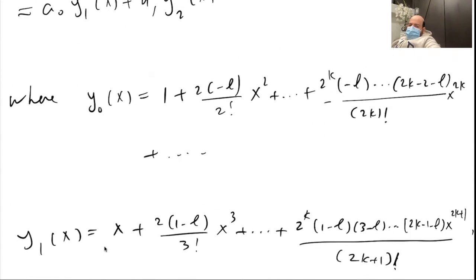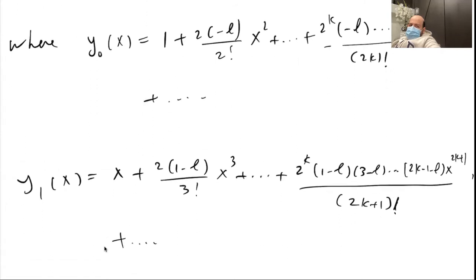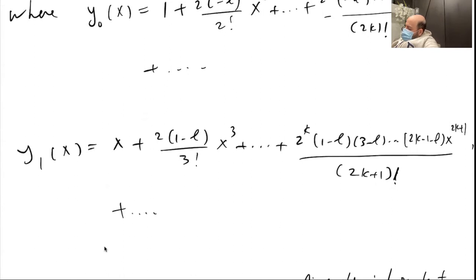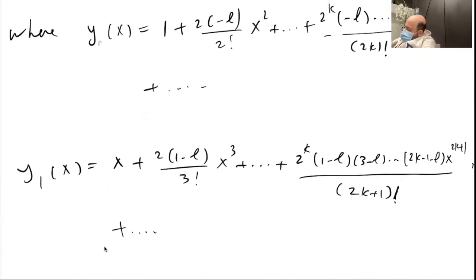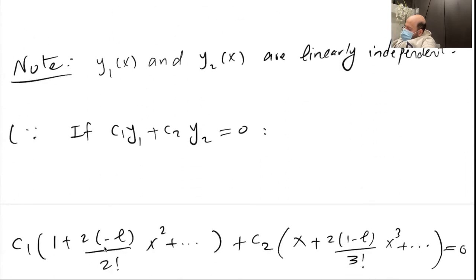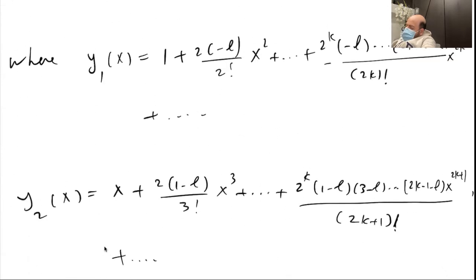Now I'm saying that once we assume this, then either y1 or y2 will be a polynomial. Right now, they are written in the form of a series, because I have an infinite sum here and an infinite sum here.